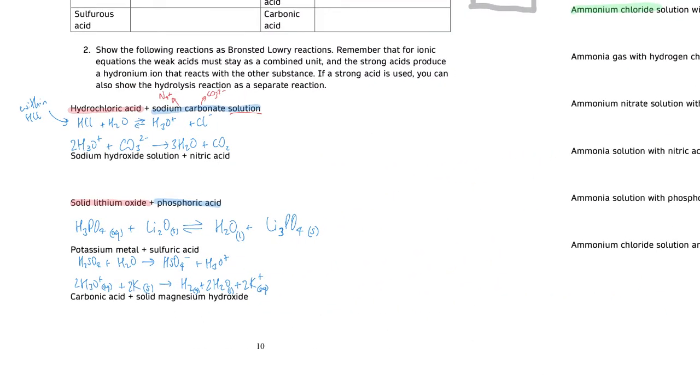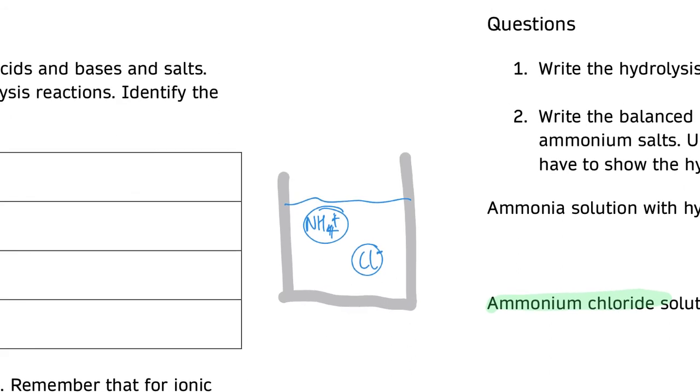but ammonium chloride or ammonium nitrate or whatever, ammonium chloride is not a weak acid. I mean, it is acidic, but the full thing is not an acid. It's only this portion that is acidic, and because of that, that's the portion that gets put into the ionic equation.